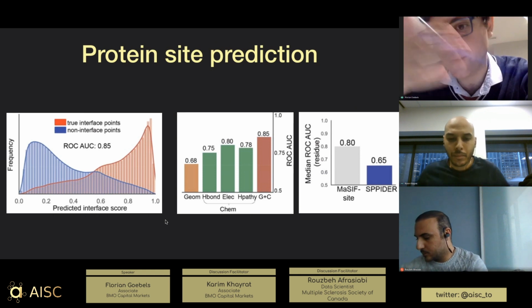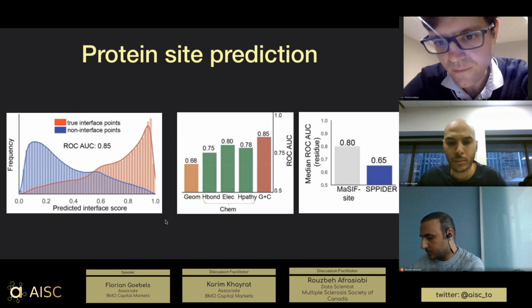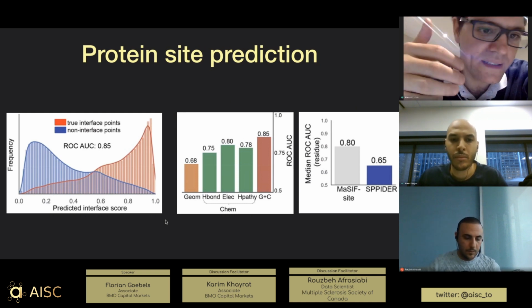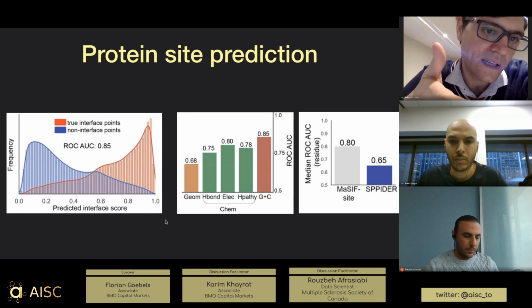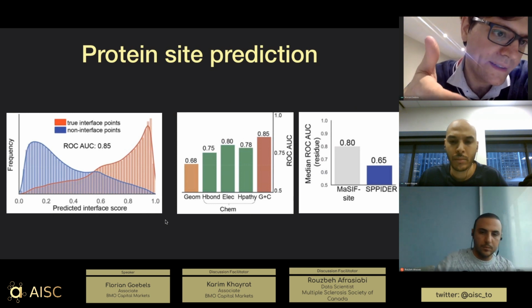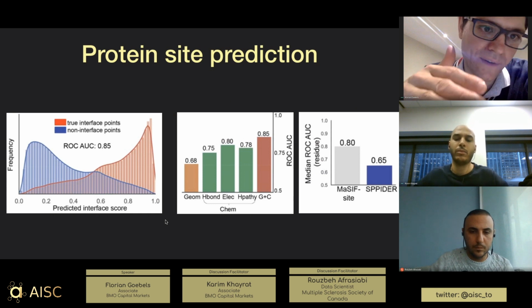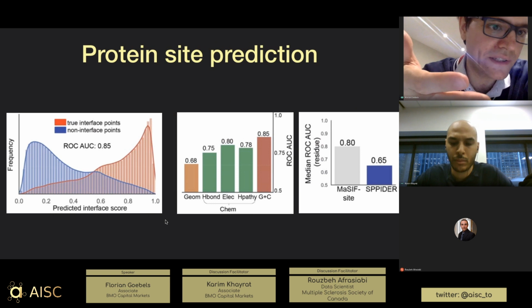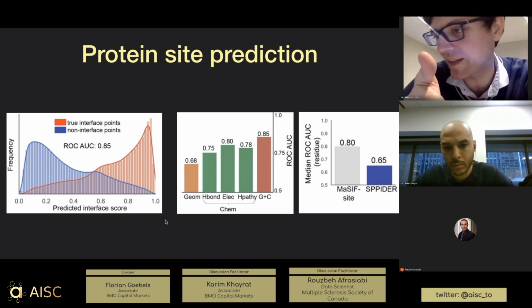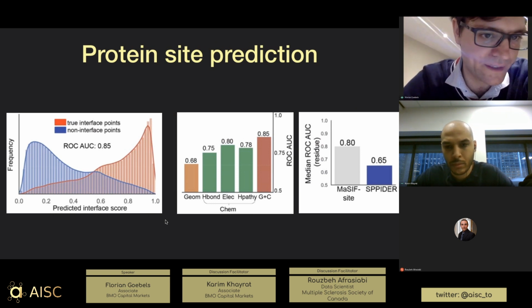They used area under the ROC curve to evaluate the performance. And they say, okay, given the cutoff of the score, what are the frequencies of interacting and non-interacting points? So if I have a very low score, you see you're considerably more likely to have a non-interacting surface point.